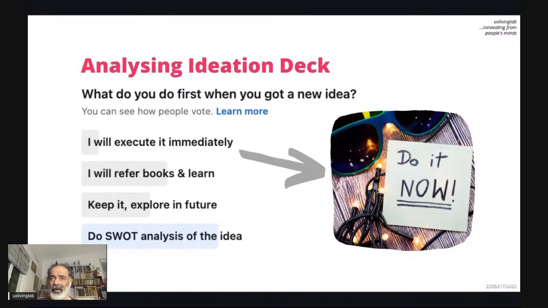That's really gambling, because I already stated that you are not an expert to execute that idea. If you execute it immediately, it's a gambler's job. You are not analyzing it properly. Whatever thinking comes to your mind, if you are going to execute it without proper analysis, you will be in trouble.